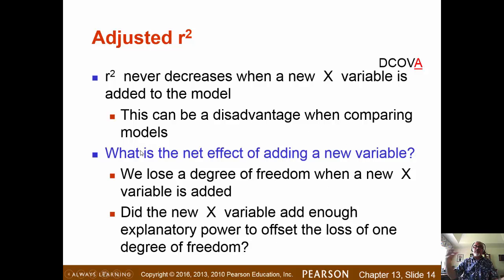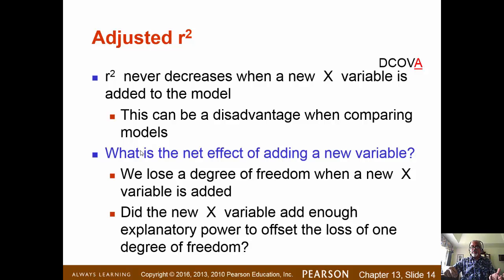So what is the net effect of adding a new variable? When you add a new variable, the degrees of freedom for error goes down by 1. That means the denominator for mean square error decreases by 1, so there is a tendency for the MSE to go up. In modeling analysis, we want to keep the MSE as small as possible.